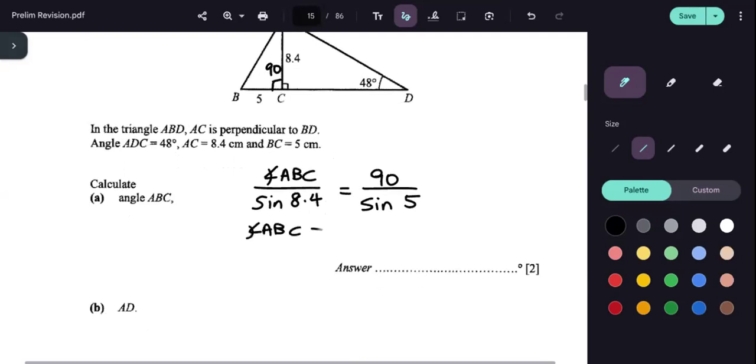It's just 90 over sine 5 times sine 8.4, which is 150. Cannot be.